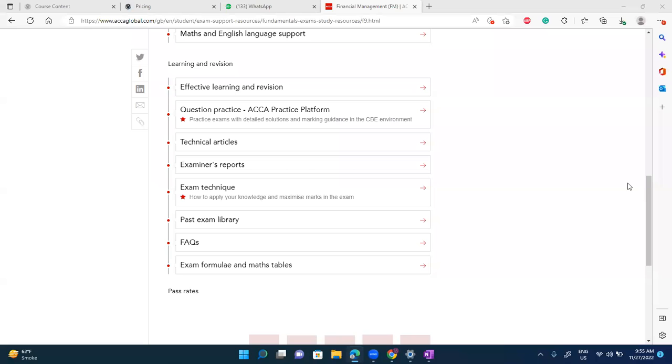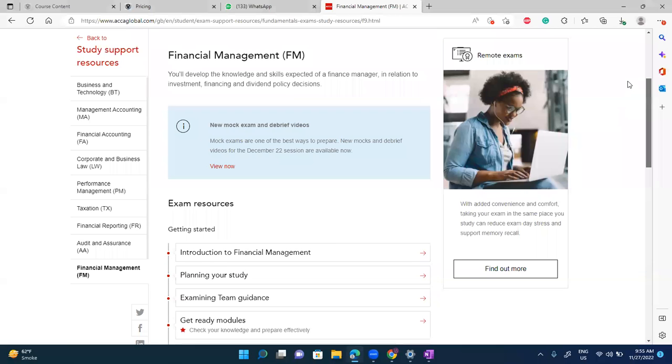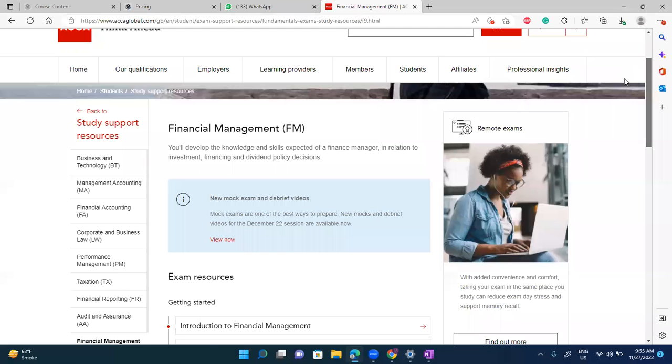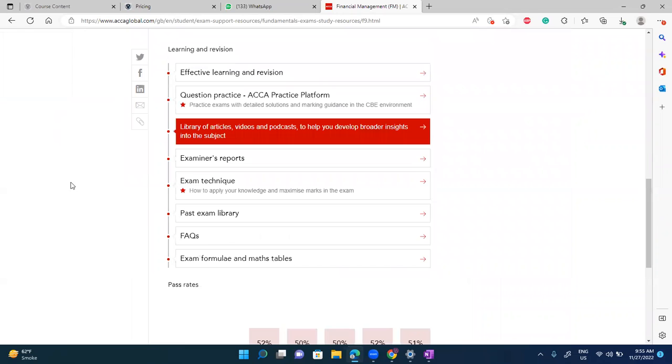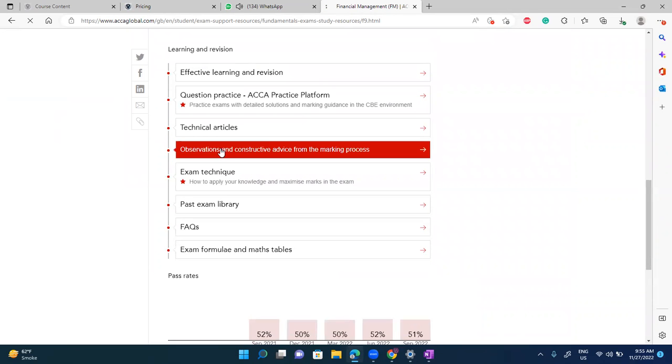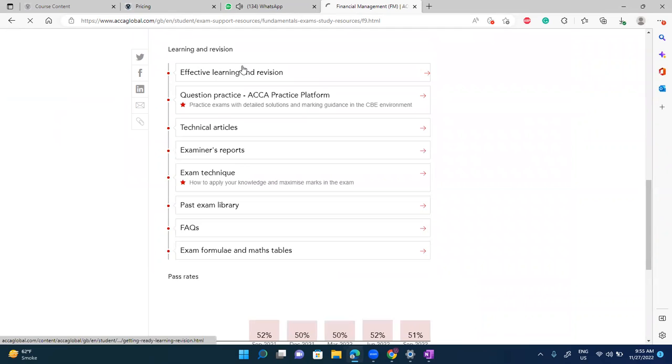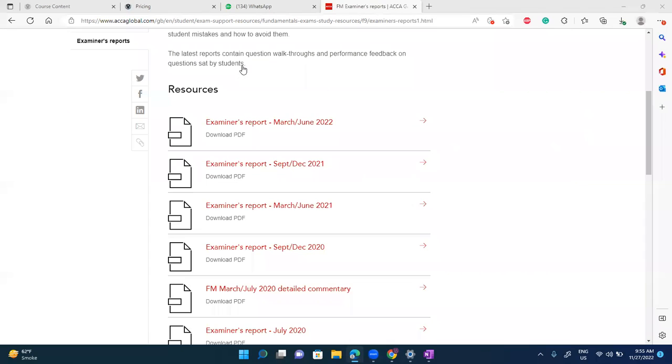Do you know, I have opened the study support resources, then I have opened the financial management. It's a very important tab here. Examiner reports. So let me open it one by one.